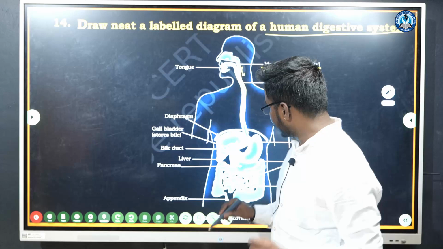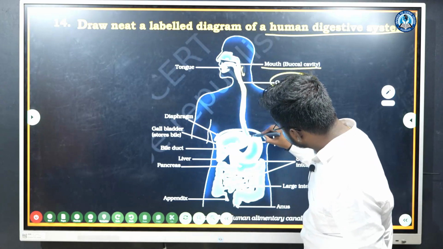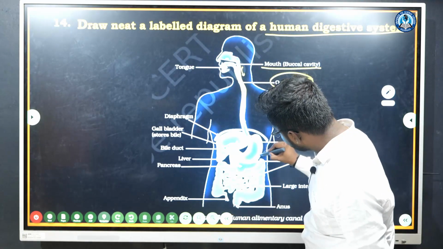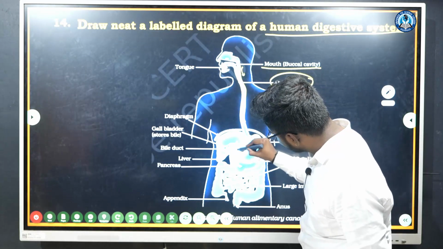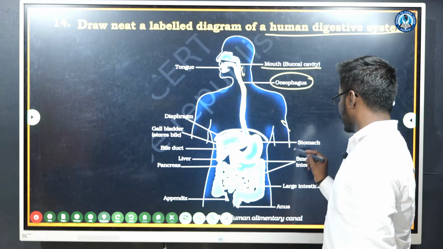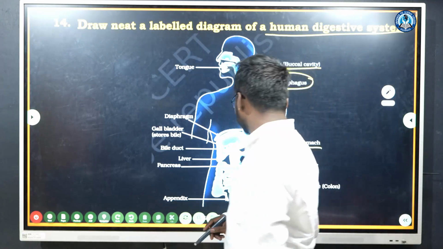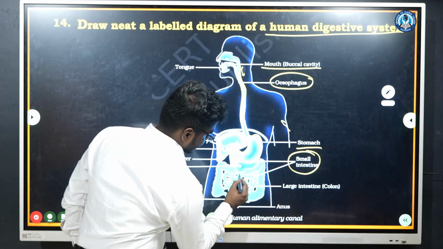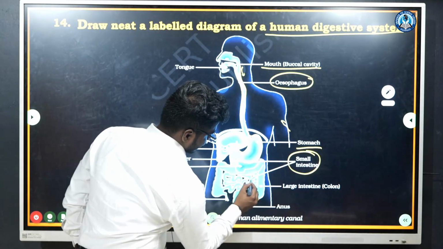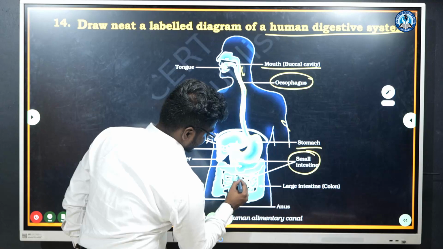From the esophagus it reaches the stomach. Can you see a J-shaped structure here, the stomach? The stomach is followed by the small intestine. See here, the stomach continues inside to form the small intestine.